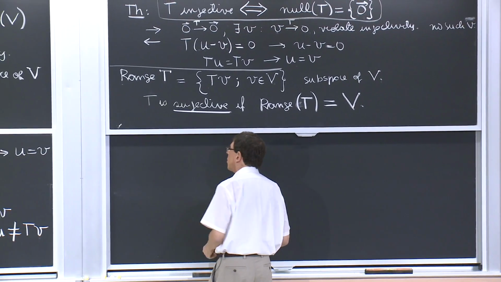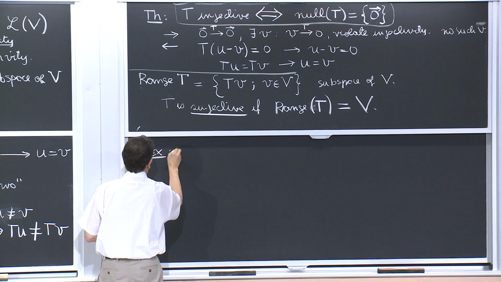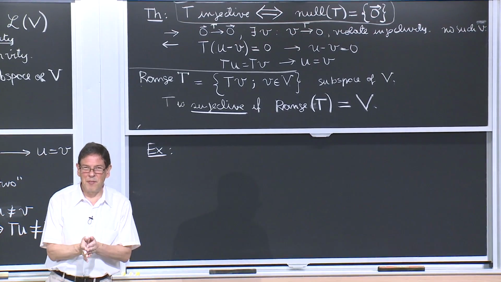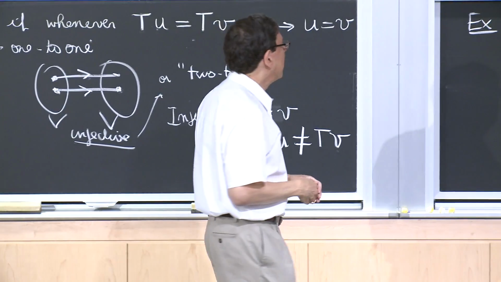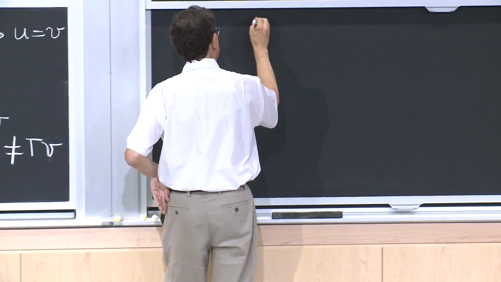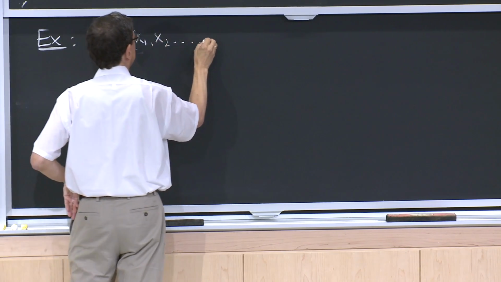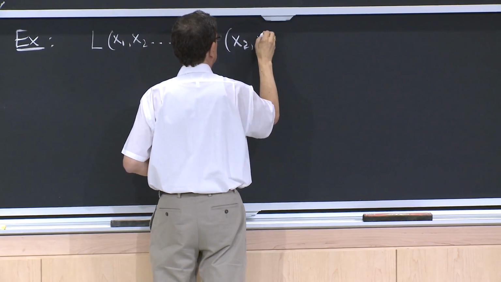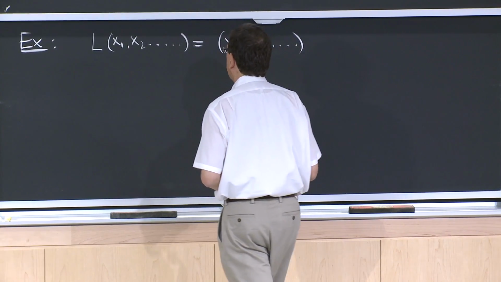This example concerns the operators that we introduced in a previous video, the left and right shifts. So you remember, on infinite sequences, the left shift dropped the first element and kept everything else.